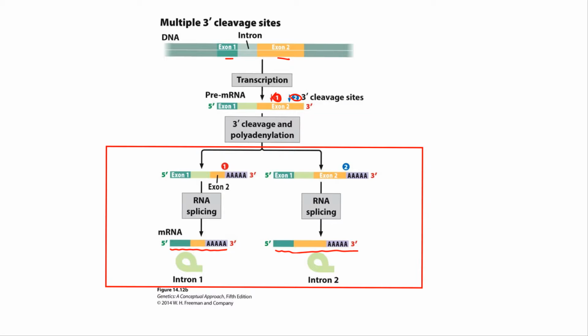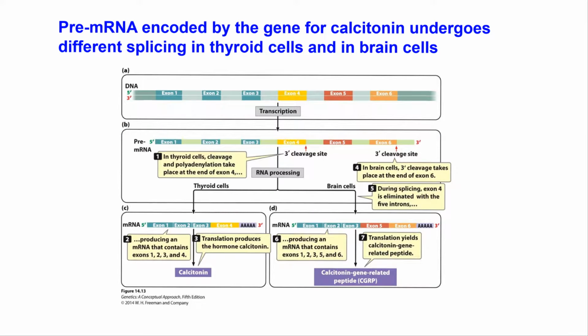Whether these 2 different mRNAs will produce different proteins will depend on whether the position of the site is before or after the termination codon. Both alternative splicing and multiple 3' cleavage sites can be found in the same pre-mRNA transcript, and this pre-mRNA can be processed differently in different cells.